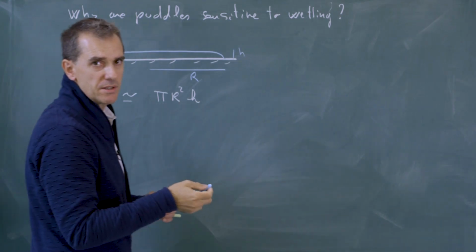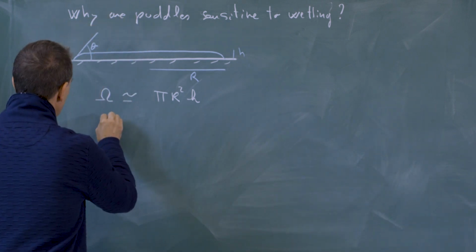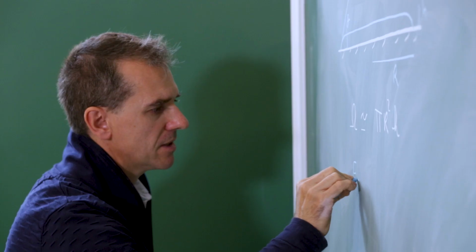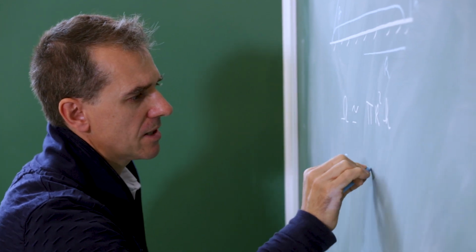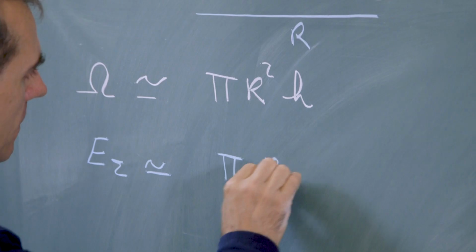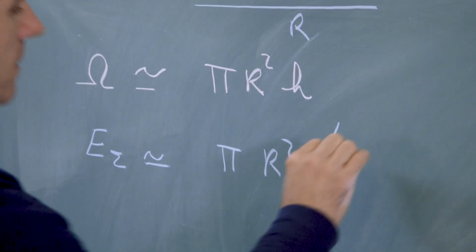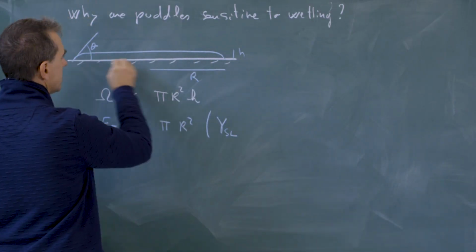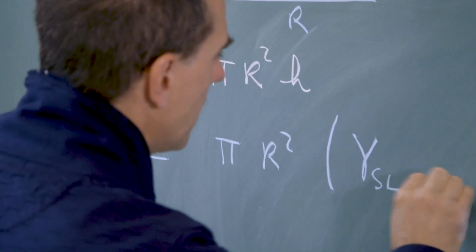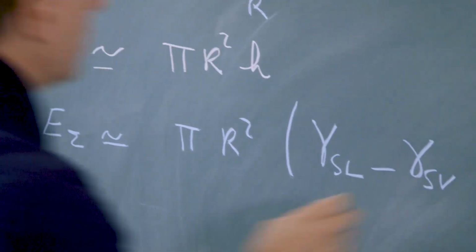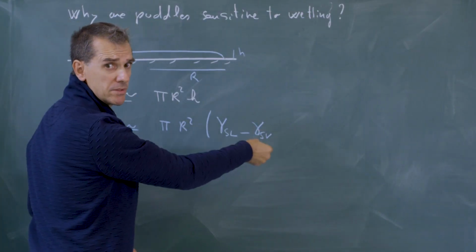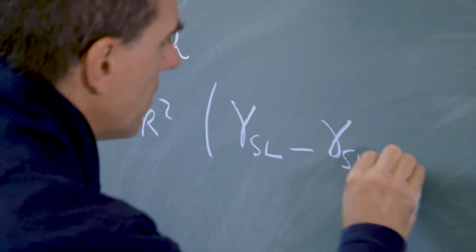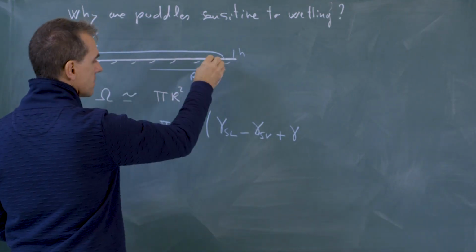And the two energies that characterize this puddle are the surface energy, E sigma, that goes like pi r squared times gamma solid liquid associated to the lower interface, minus gamma solid vapor, because this has been removed when we have deposited the liquid, plus gamma for the upper surface.